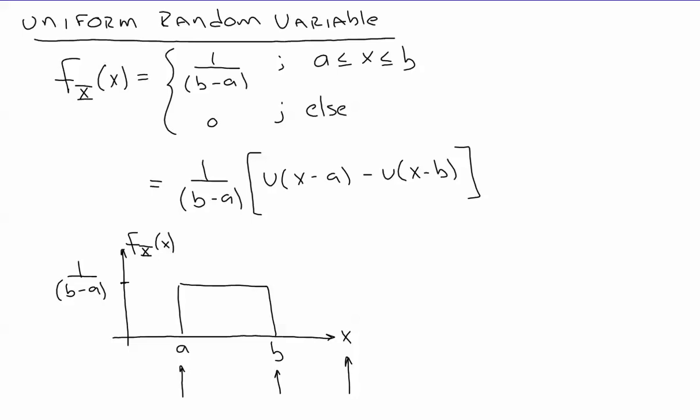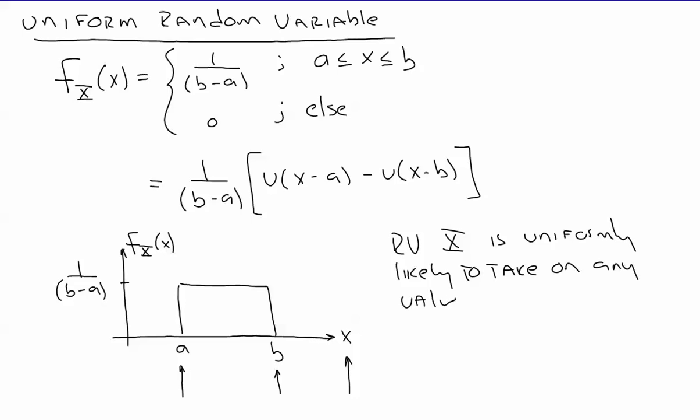So random variable x is equally likely, or uniformly likely, to take on any value between two specified points, arbitrarily shown here as A and B. The amplitude, if you will, of my probability density function is chosen so that the area is exactly 1.